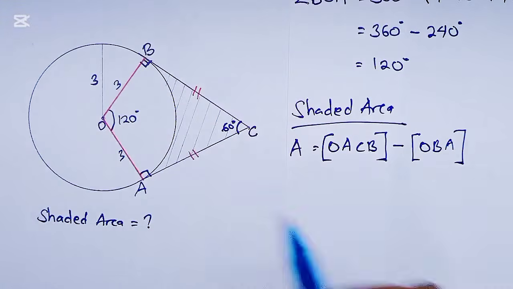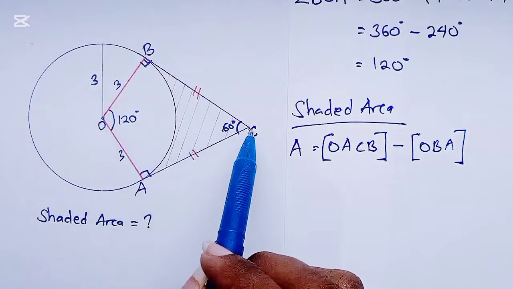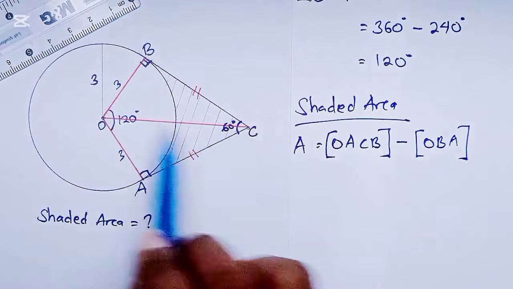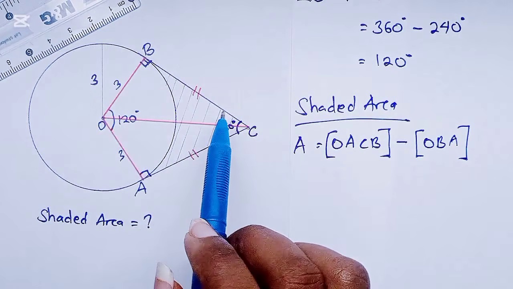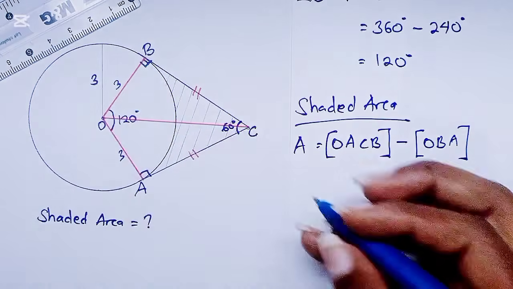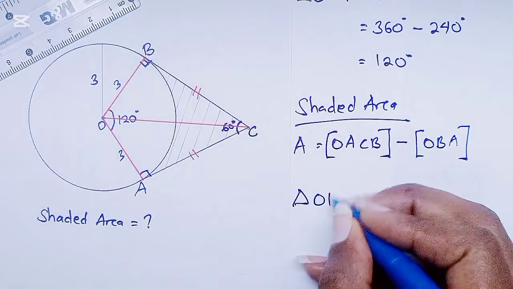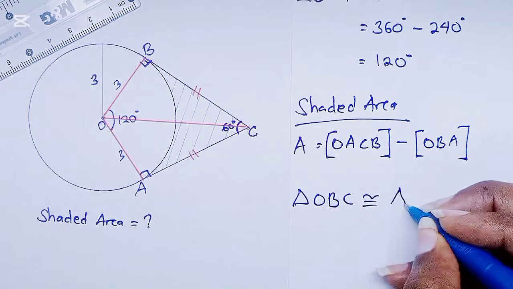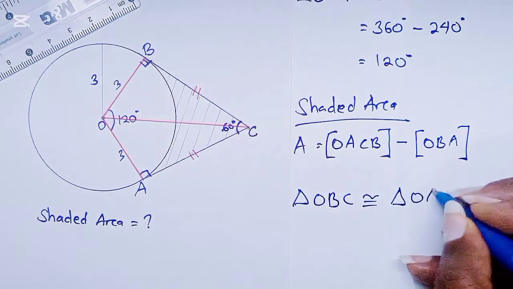So the next step we're going to do is connect point O to point C, just like this. So we've drawn this line. As a result, you can notice that triangle OBC is congruent to triangle OAC.